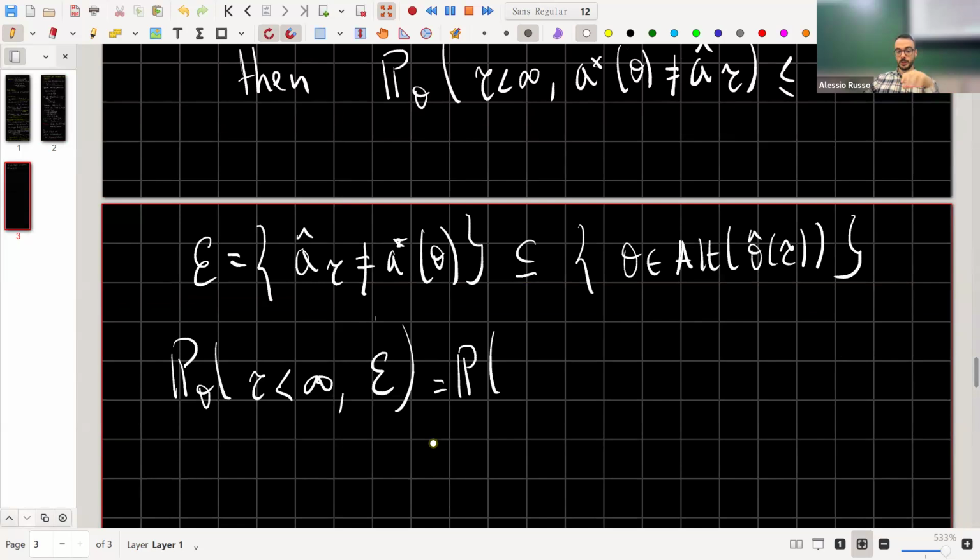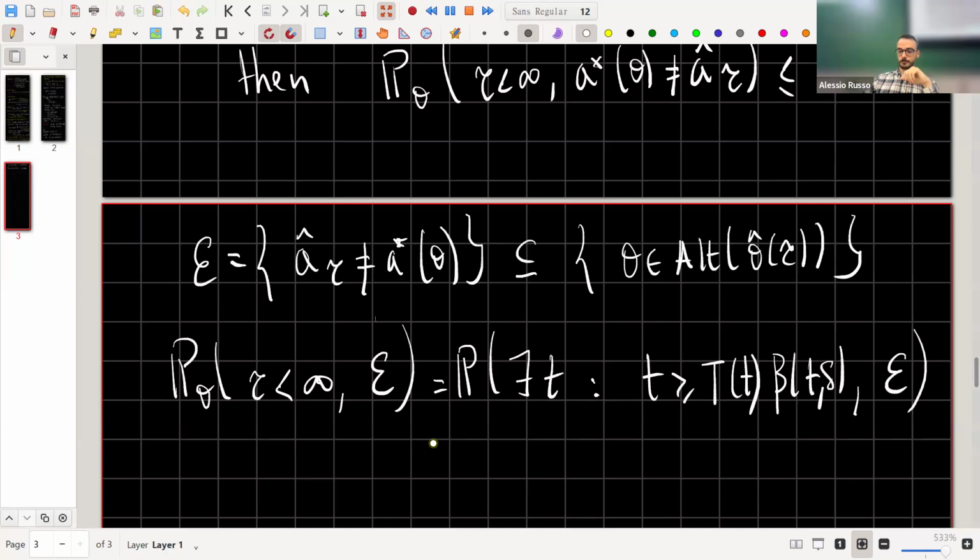So if tau is smaller than infinity, it's happening at some point, we can rewrite it as the probability that there exists some time t, where t is bigger than the empirical characteristic time times beta t delta, intersection with the event E.